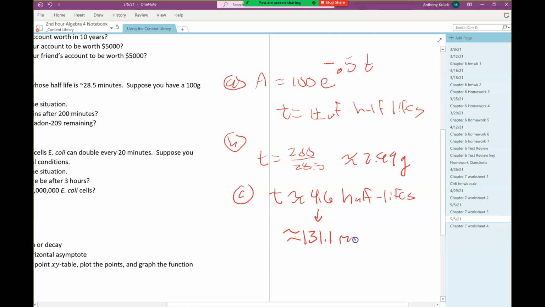So what did you just multiply it by? The half-life. You're welcome. So a couple of tricky pieces in there. You needed to get the r right on your half-life, and then needed to recognize that the t in your model was going to be in terms of half-lives and not minutes.